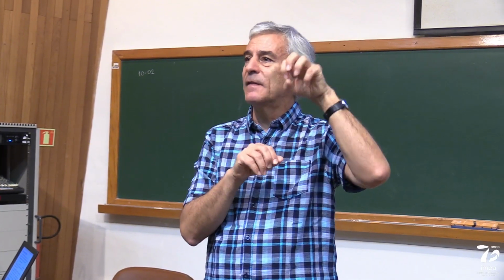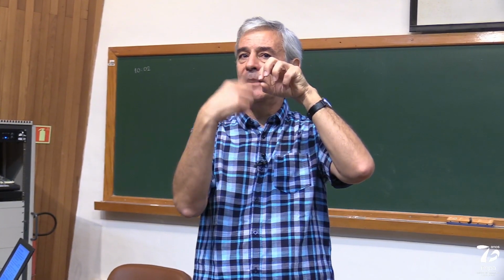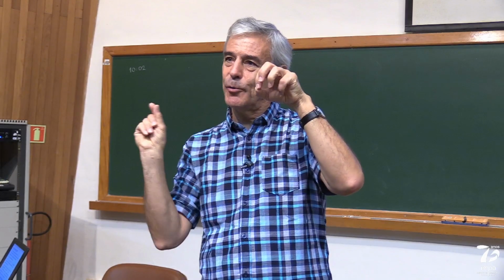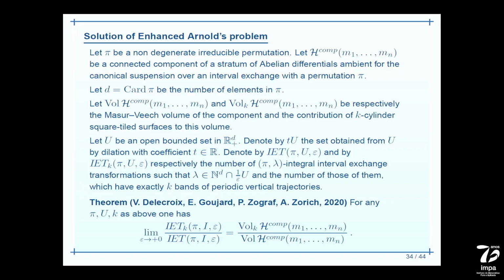And in this small ball, I consider a net where all the lengths are proportional. I make my statistics only in this small ball, and I make my net finer and finer. So I consider rational interval exchange transformations inside a ball of parameters. And the frequency does not depend on the ball.